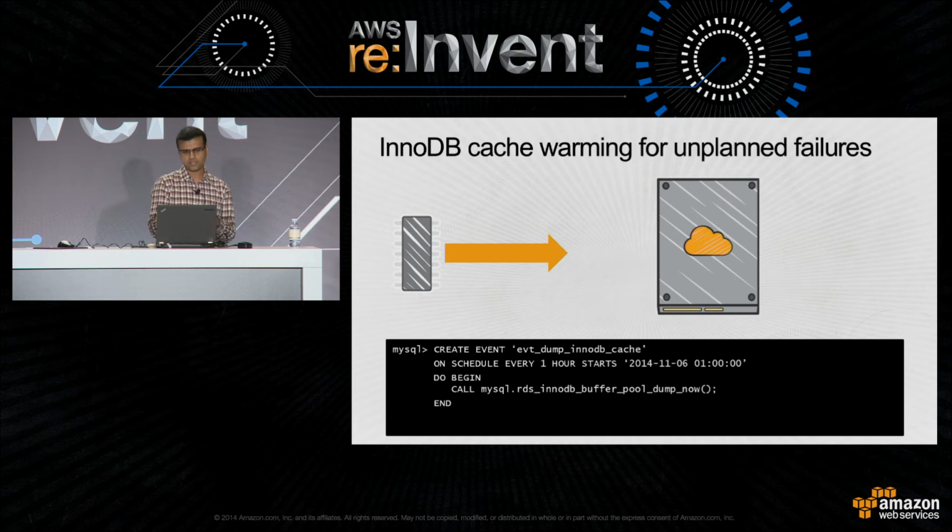We have an example here where we scheduled an event that dumps the buffer pool every hour. So if you have a failover after it has been dumped, say 30 minutes after the dump happened, you'll still get your cache warmed up, but it's going to be 30 minutes stale. And the performance improvement may not be as high as you would get if you were dumping it more frequently.